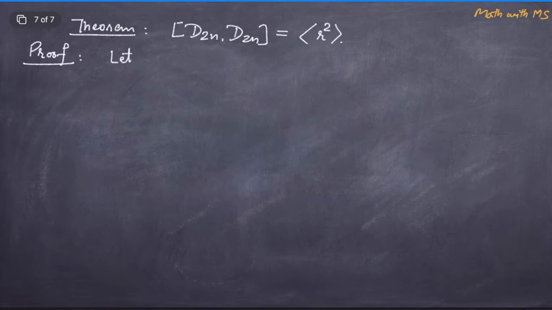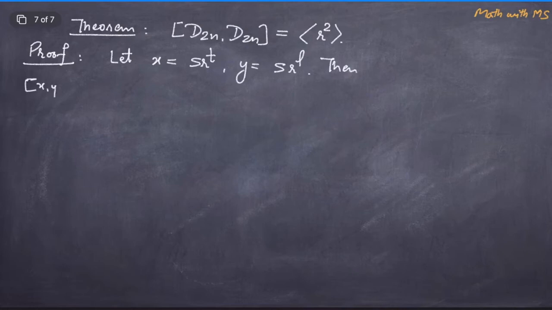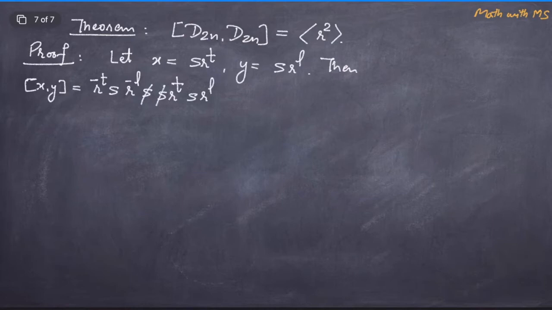So, let us say x equals S R to the power t and y equals S R to the power L. Then what is the commutator xy? The commutator xy turns out to be the same as R to the power minus t S R to the power minus L S S R to the power t into S R to the power L. S will get cancelled.